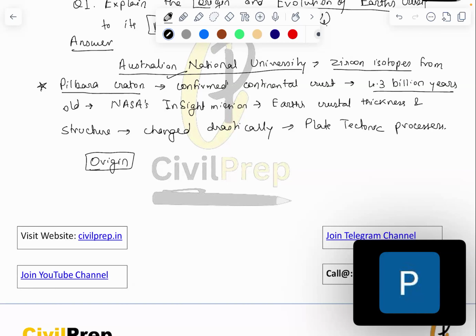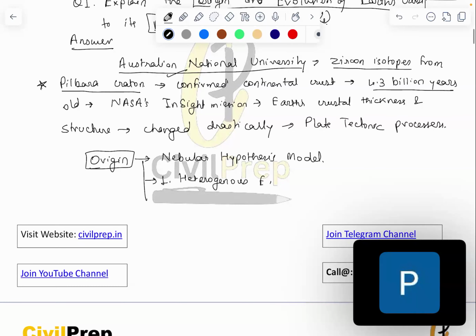When we look at the origin of the Earth's crust, we will be looking at a very famous model, that is the nebular hypothesis model. There are two models under the nebular hypothesis. Number one, heterogeneous Earth's accretion.